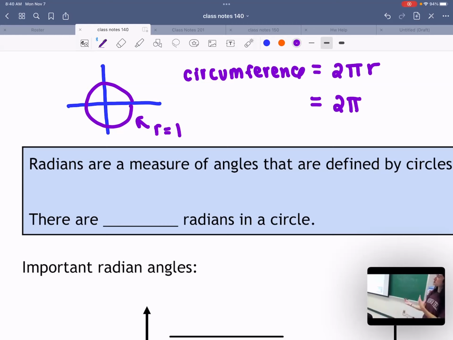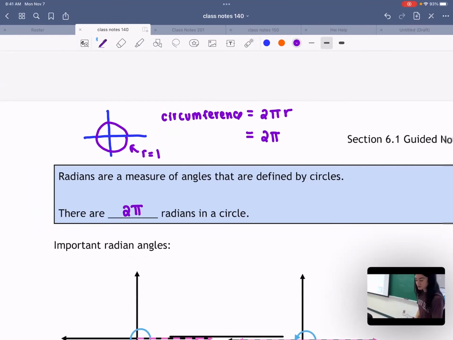And that's actually a good representation of figuring out the angles, right? Because we're going around the circle. Because the circumference of the unit circle is 2 pi, how many radians do you think there are in a circle? Well, 2 pi, right? So the radians just represent how long it takes to walk around the circle, and that's it.